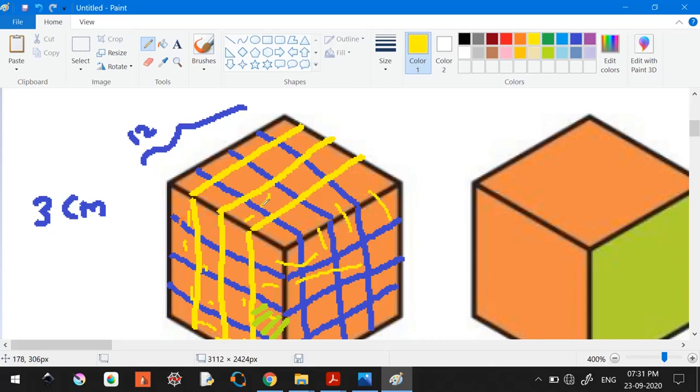Even the top, not these two, this. In fact, this is going to help us. These are not going to help us. So straight away, any two surfaces having the same color are not going to help.